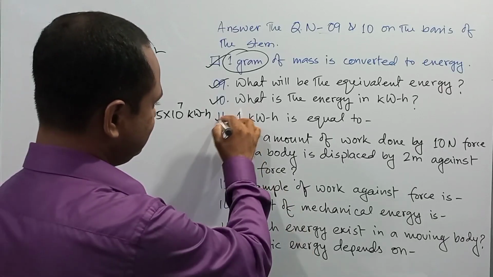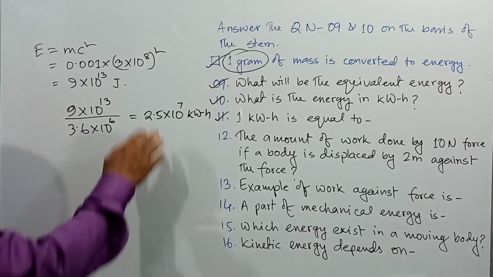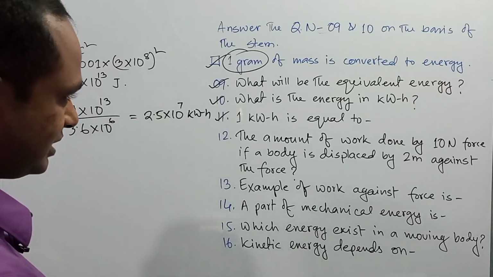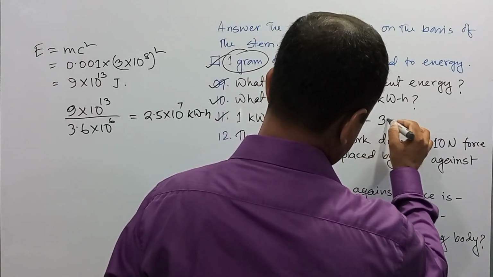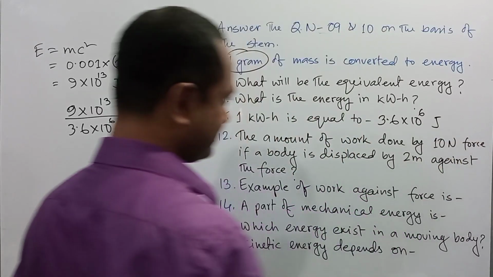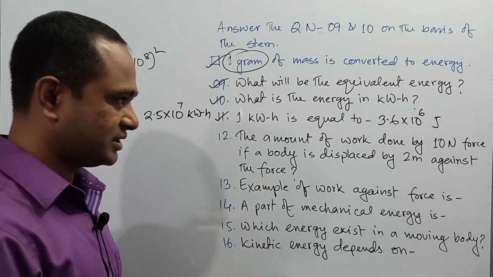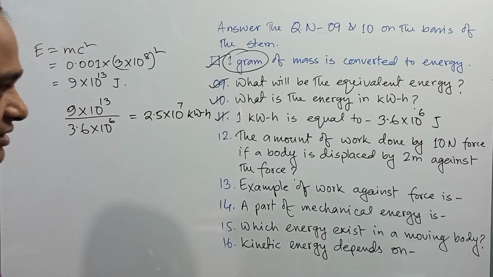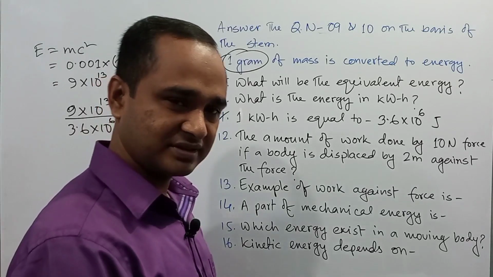In the next question they said that 1 kilowatt hour is equal to, as already mentioned in our previous question, 3.6 into 10 to the power 6 joule, right? The amount of work done by a 10 Newton force if a body is displaced by 2 meter against the force, right?